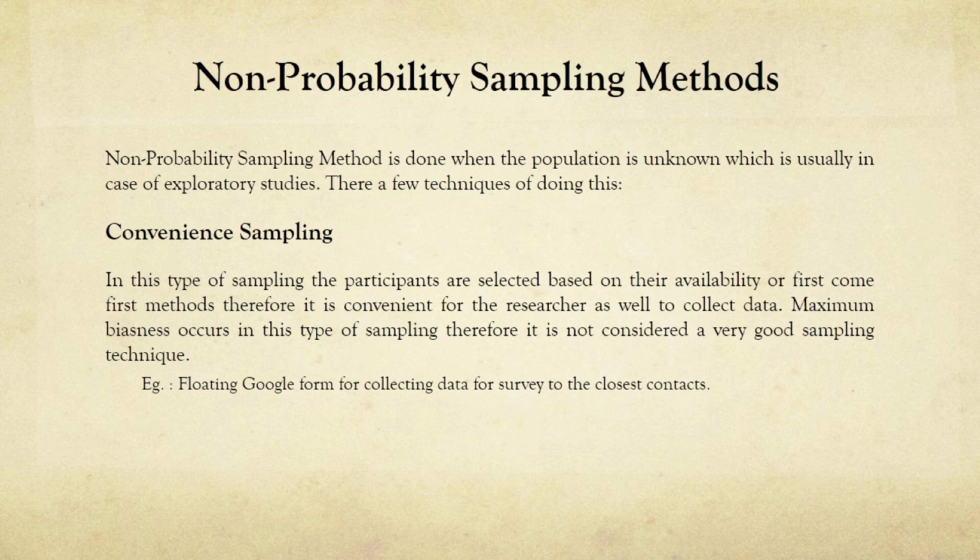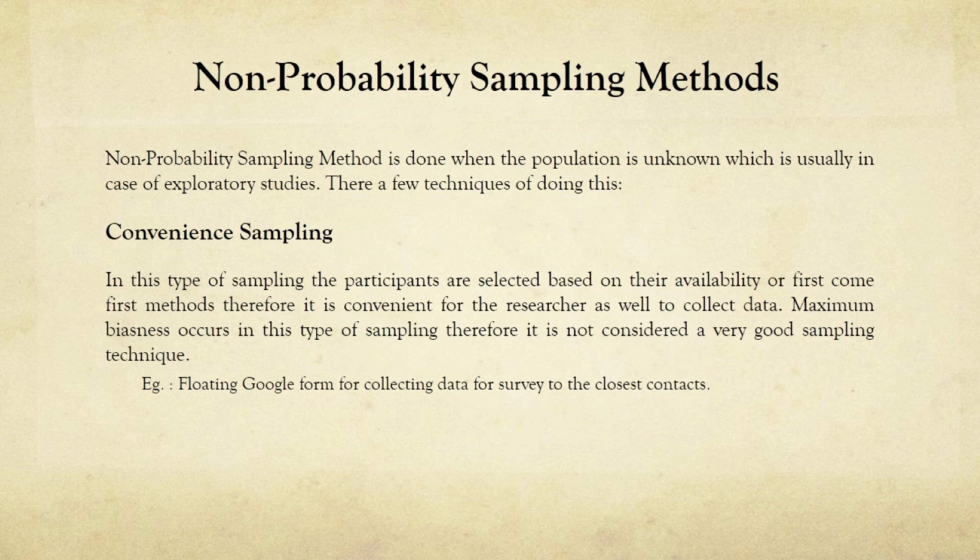But since there was a person in front of you, you chose that person and that becomes a part of your sample. The easiest example is when we float our Google Forms. We float it at our own convenience. Whoever is filling those forms, it is at our own convenience. We don't randomly select people and float those forms to those randomly selected people. This is what is called convenience sampling.